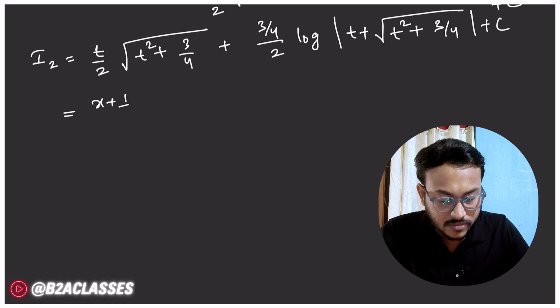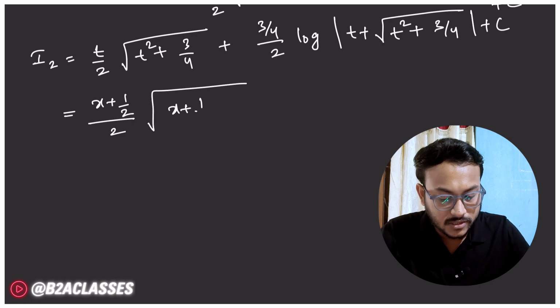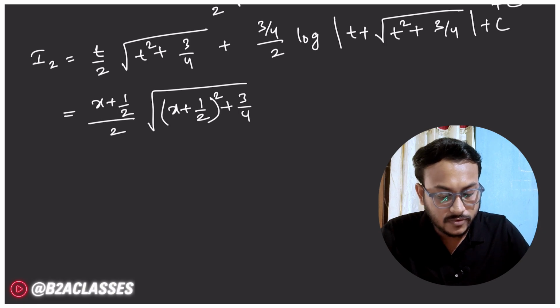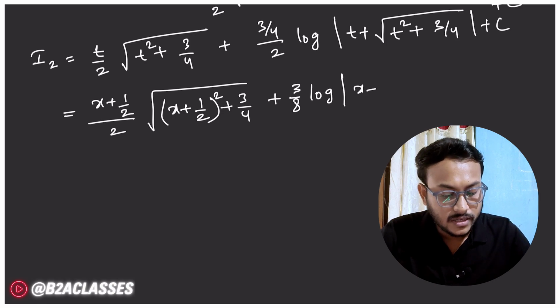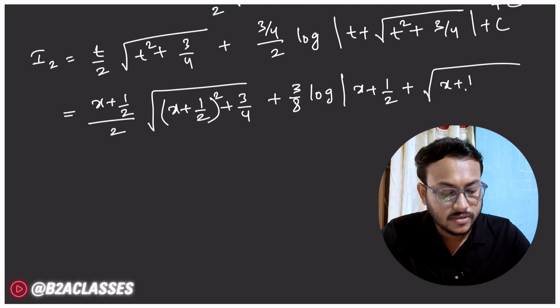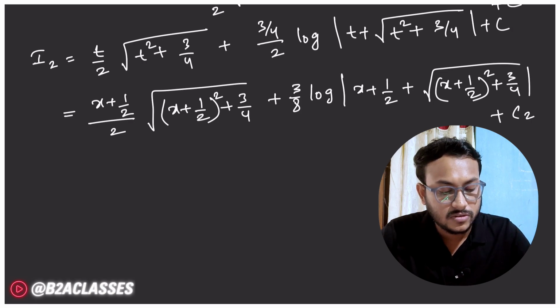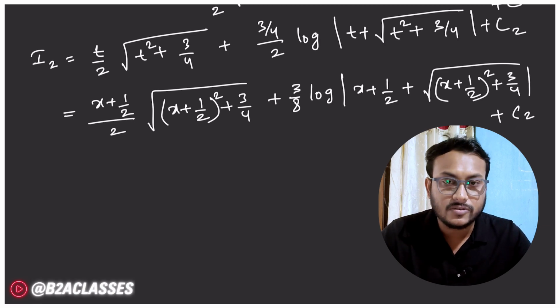So x plus 1/2 divided by 2 root over x plus 1/2 whole square plus 3/4 plus 3/4 divided by 2 will be 3/8 log x plus 1/2 plus root over x plus 1/2 whole square plus 3/4 plus c2. So the constant of integration of I2 is c2.